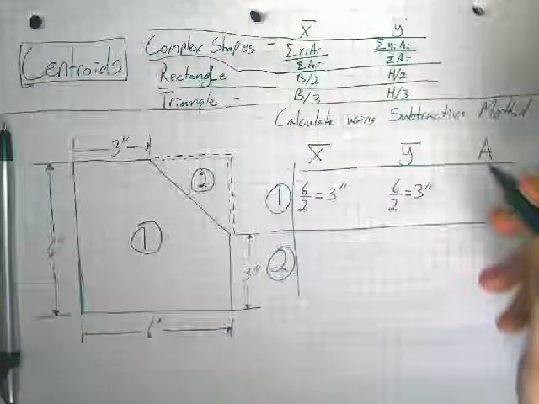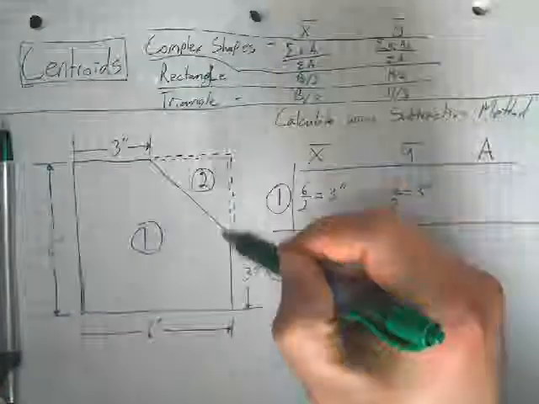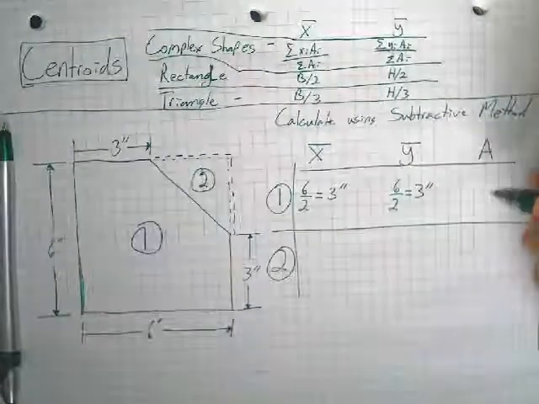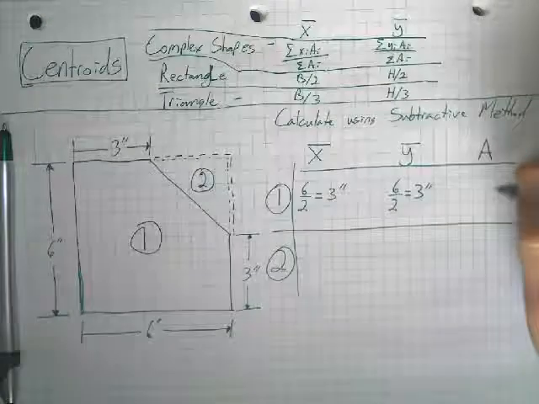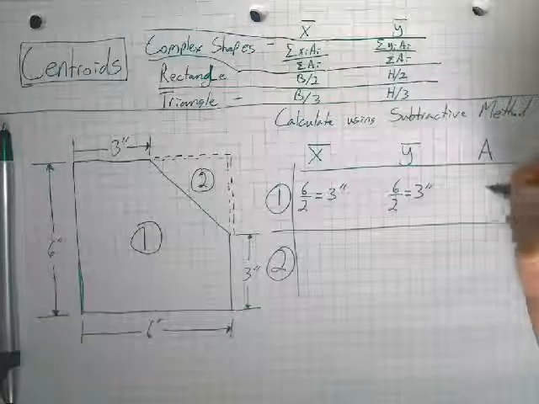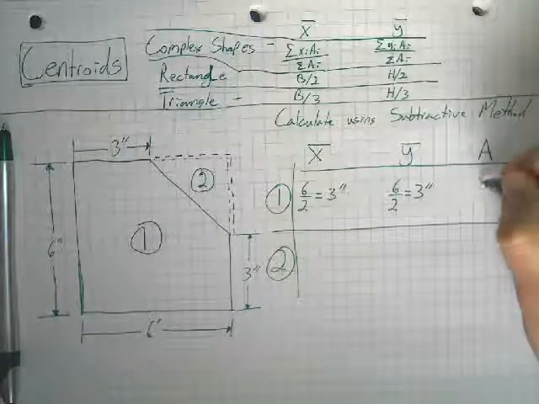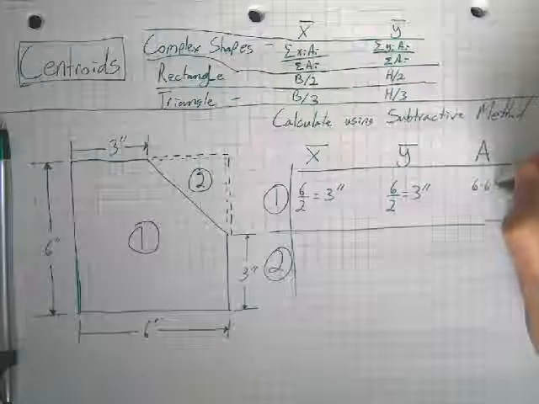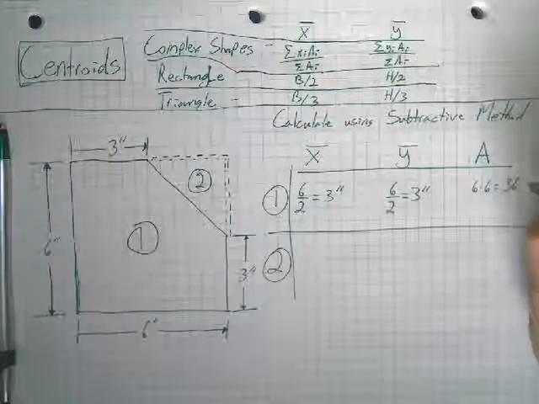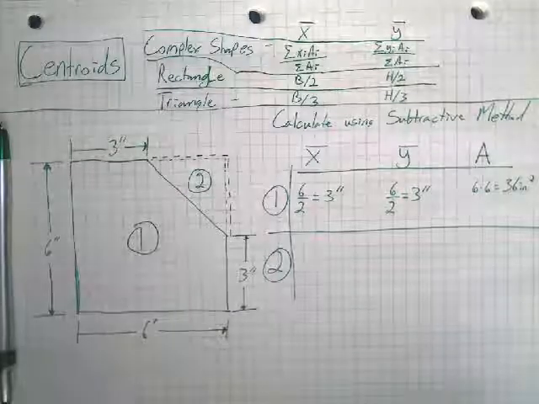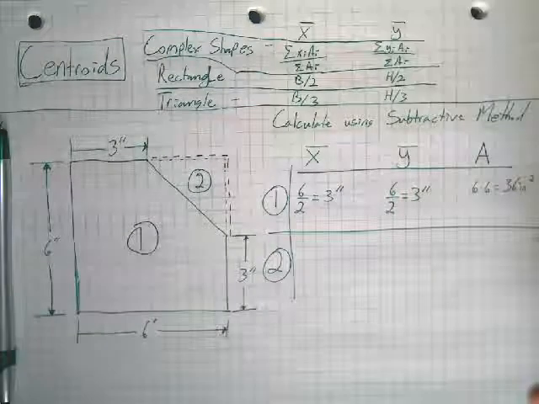The area of this is my starting shape. I started with a solid square, an area of 6 times 6, so 36 inches squared. Alright, so there's shape 1.